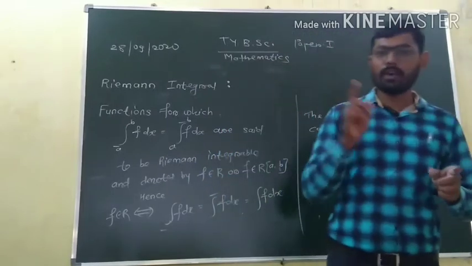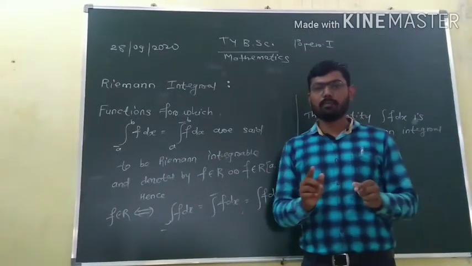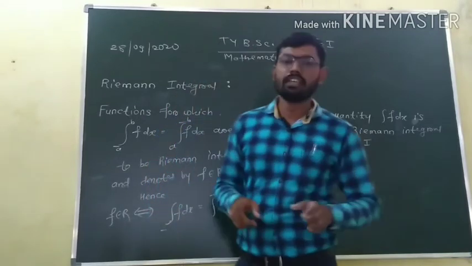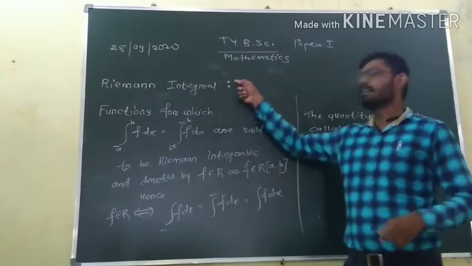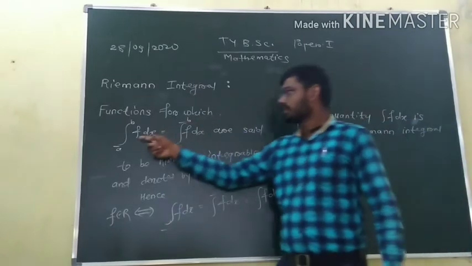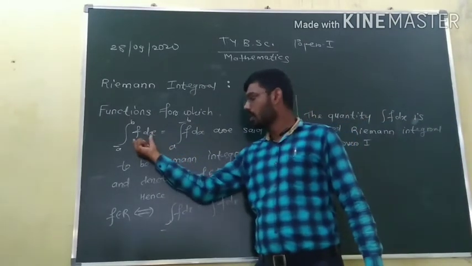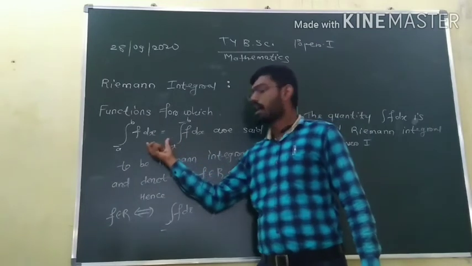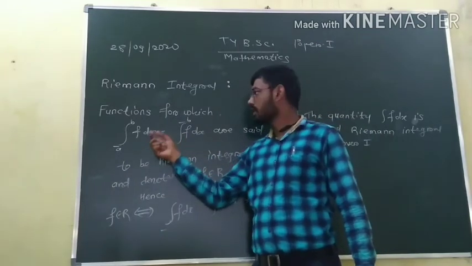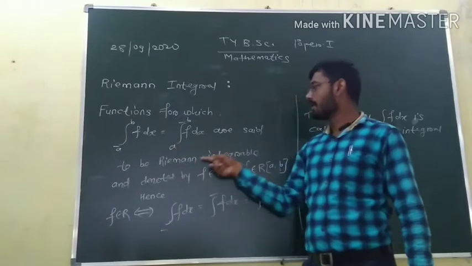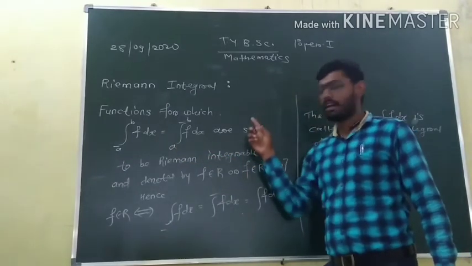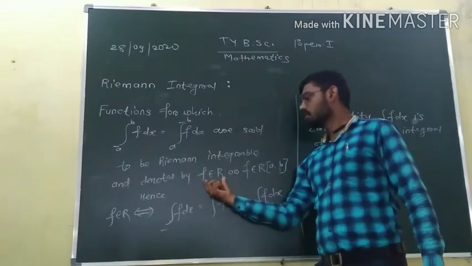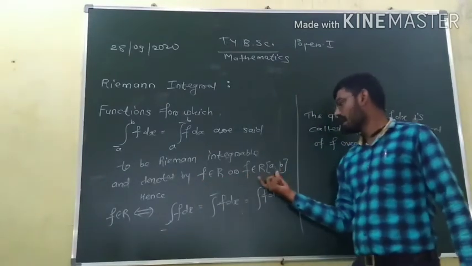Okay. But when for some function the lower integral and upper integral are equal, then that function is said to be Riemann integrable. The function for which the lower integral is equal to the upper integral, that is both have a common value, the same value, then function f is said to be a Riemann integrable function, and denoted by f belongs to R or f belongs to R[a,b].